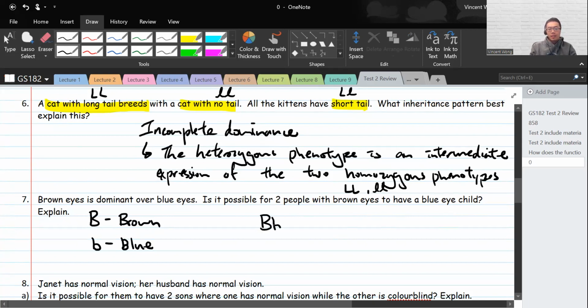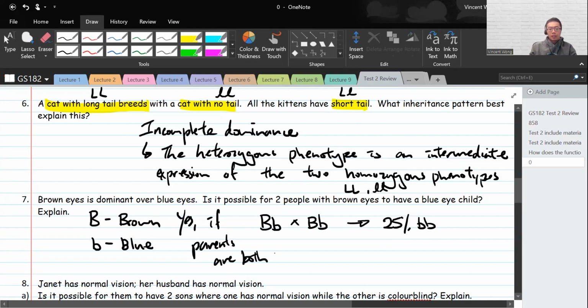What if they are big B, small b? If one parent is big B, small b, and the other is also big B, small b, then there's going to be a 25% chance the child will have blue eyes. So yes, if both parents are big B, small b, and you do the Punnett square, you see that it's a 25% chance.